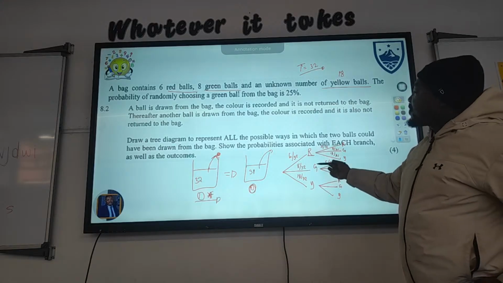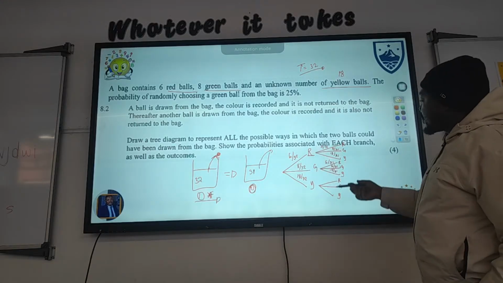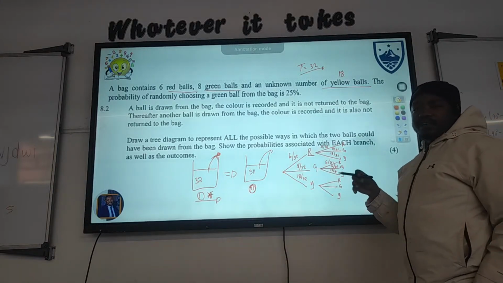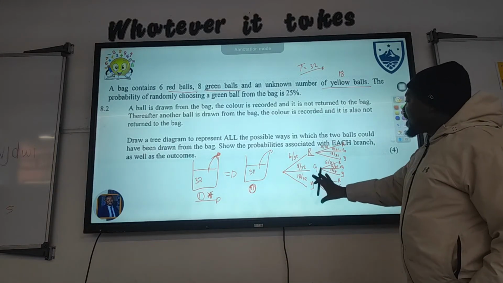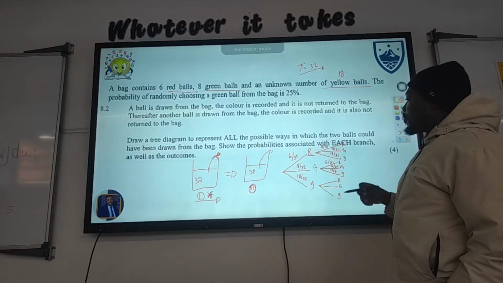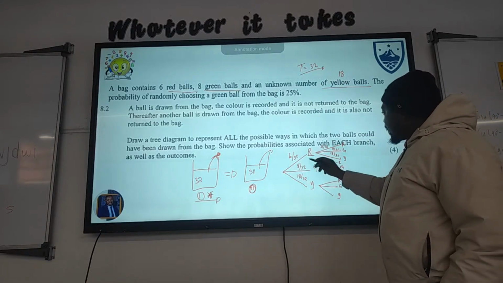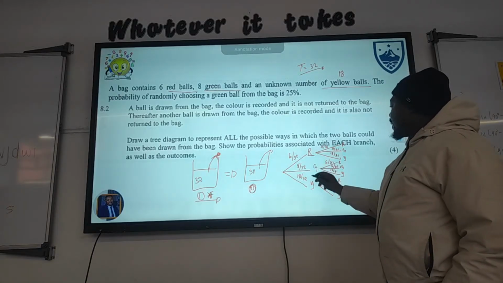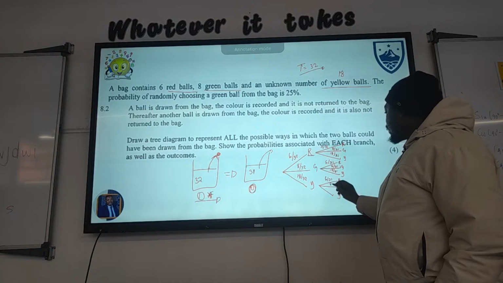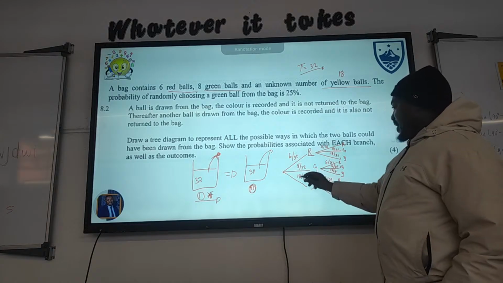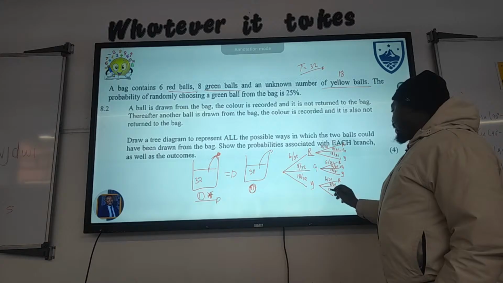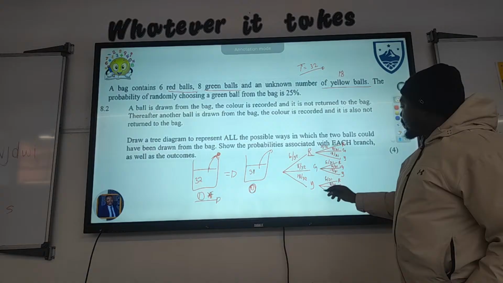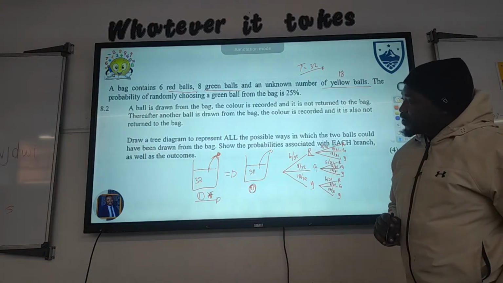We focus on the green ball having been removed, and we go for the yellow one, as if it's the first time we take out the yellow one. So it's another possible outcome, if the yellow ball was removed. The red ball will still remain as 6, and the total number is 31, and then the green ball will remain the same as 8 over 31. And then the yellow balls will be affected as 17 because you have taken out 1. So this becomes your probability for the third branch.